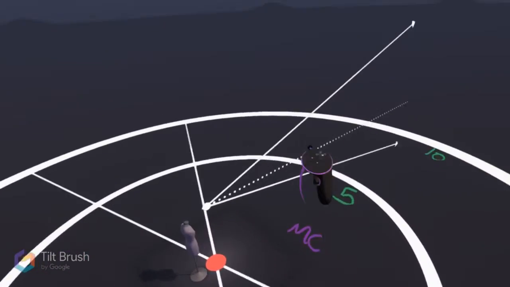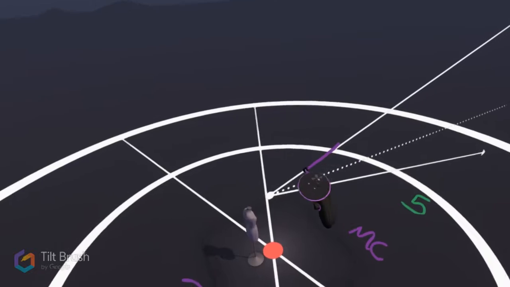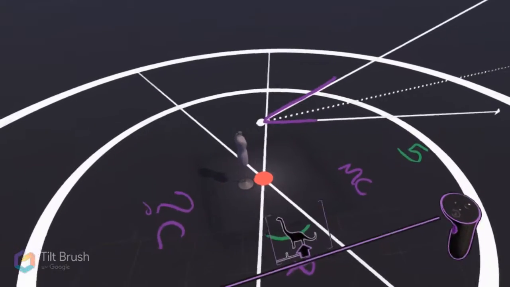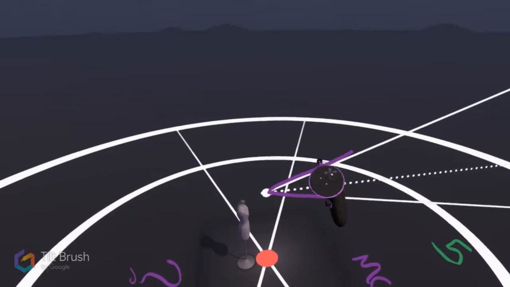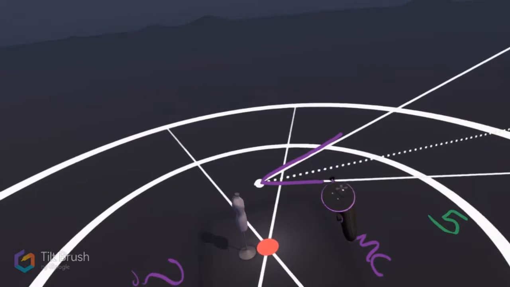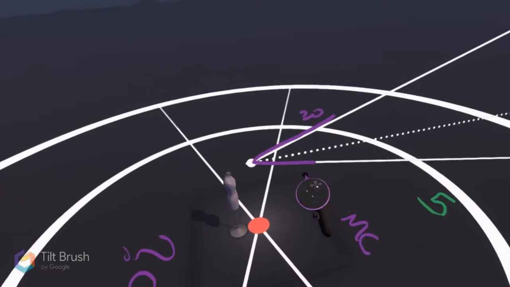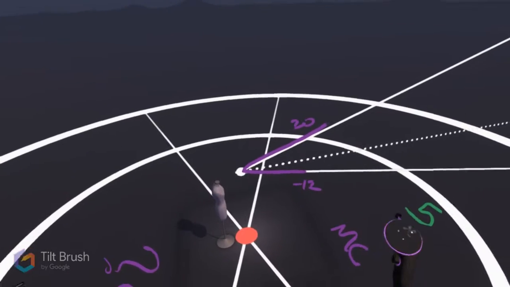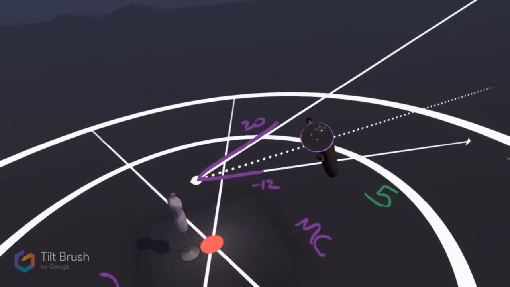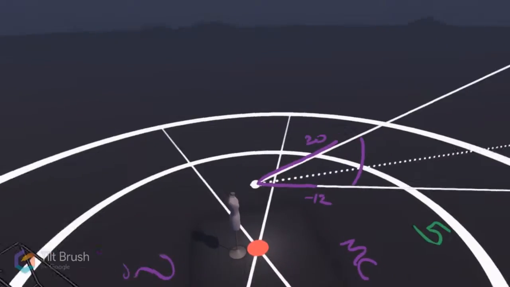And then you have your vertical field of view, which is 20 degrees above the plane and then minus 20 degrees below the plane. Minus 12. And this is kind of like optimal, super comfortable, because hey, we're all kind of lazy, right?